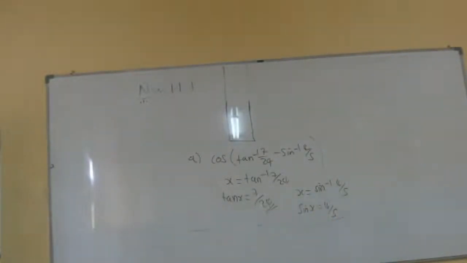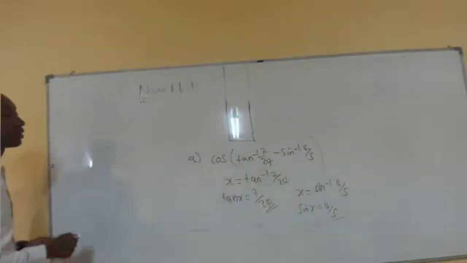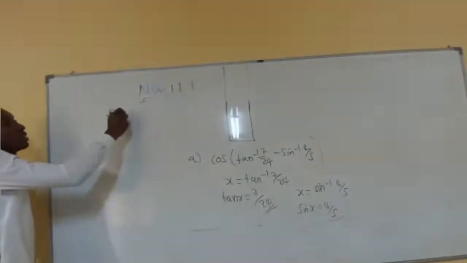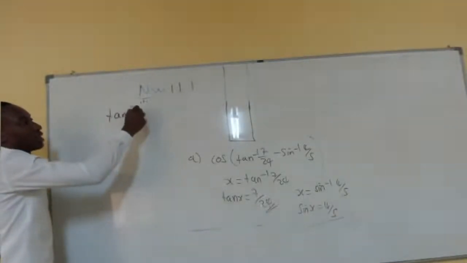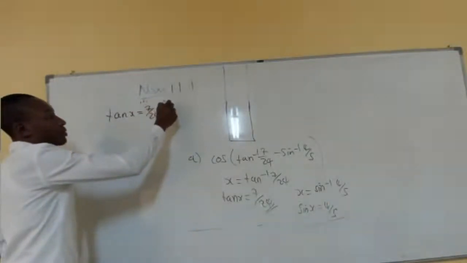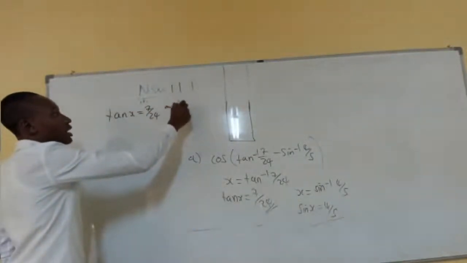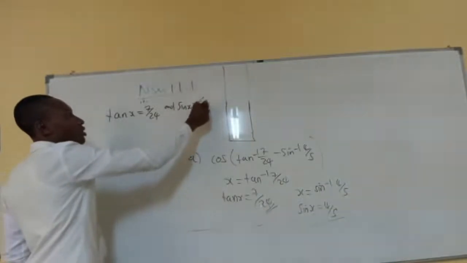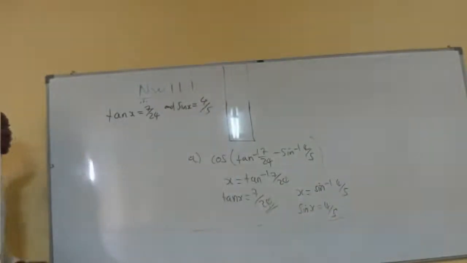So let's put our solutions here: tan x is 7/24, and sine x is equal to 4/5.